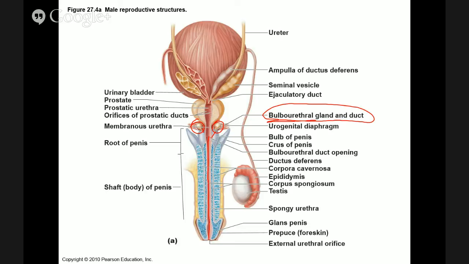Most of what they secrete is a mucus-like secretion that is going to neutralize any acid that might be in the urethra, any residual urine that may be in the urethra, and also create a slipperier path and a slipperier surface for the sperm to pass along, so they don't get too nicked up or banged up along the way.